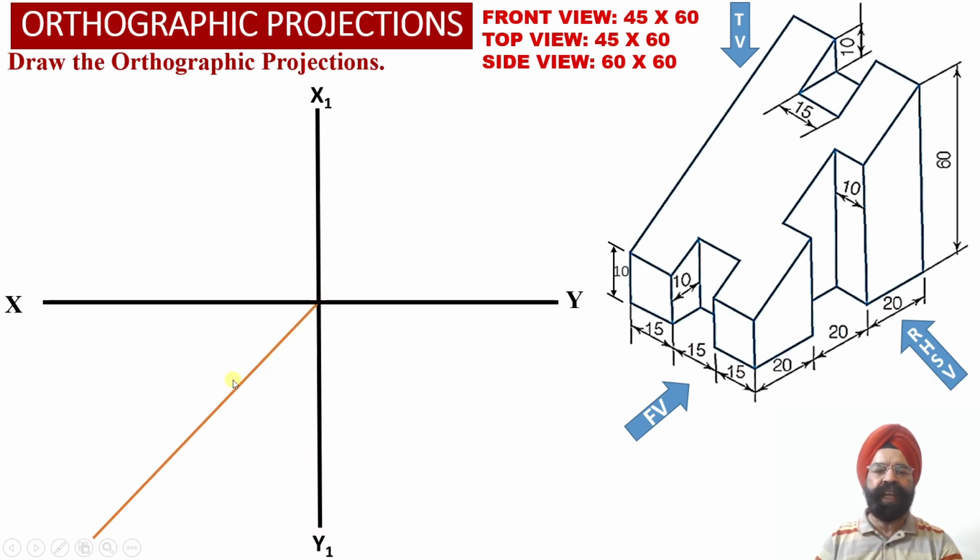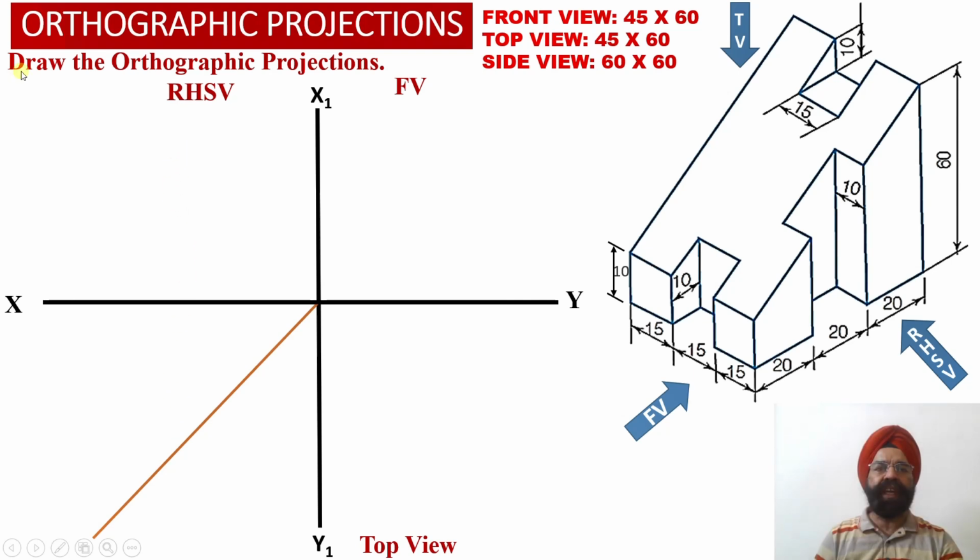This transfer line is inclined at an angle of 45 degree with respect to the XY reference line, and we are going to use it to transfer distances along the depth of the solid from the top view orthographic projections into the right hand side view orthographic projections.